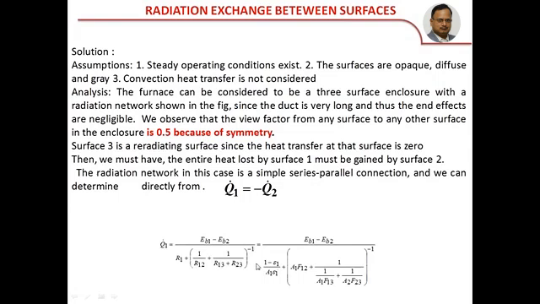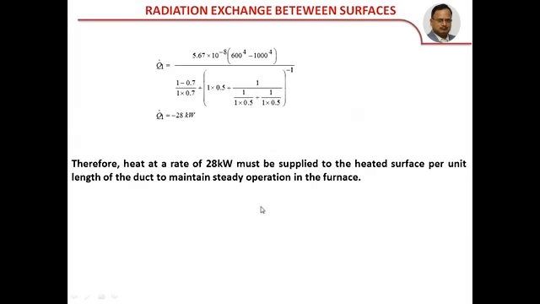So R1 is (1 minus epsilon 1) by A1 epsilon 1, R12 is 1 by A1 F12, R13 is 1 by A1 F13, and R23 is 1 by A2 F23.